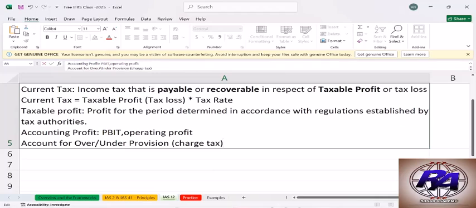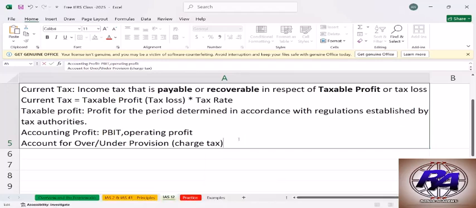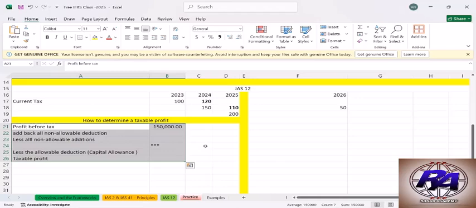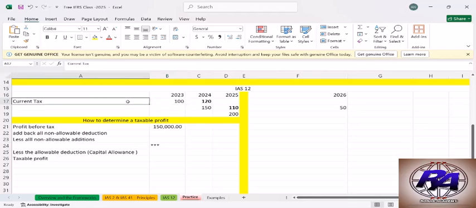So how do we deal with over provision or under provision of tax? Let's go back to what we started with earlier with these figures I've indicated here. Mostly the current tax, we made provision for it.